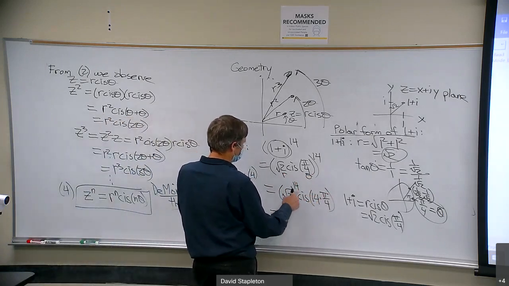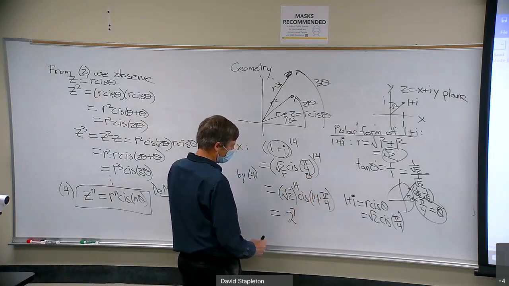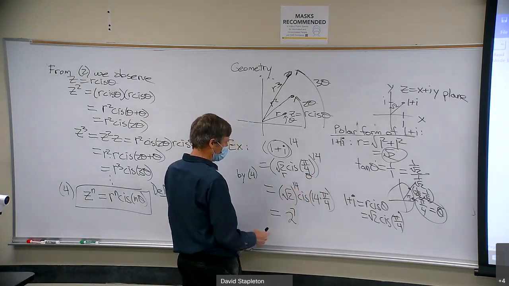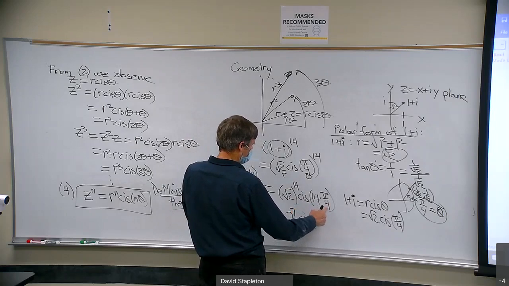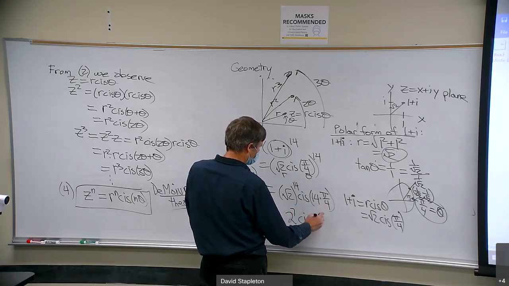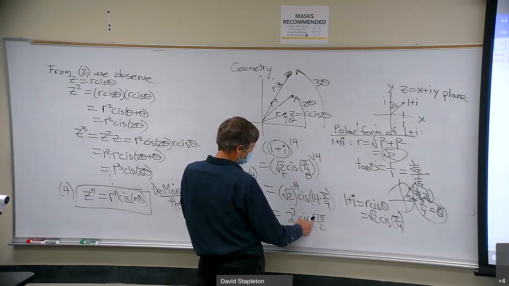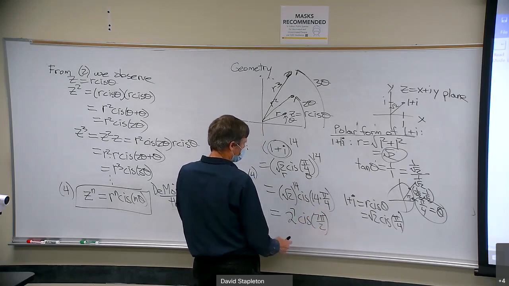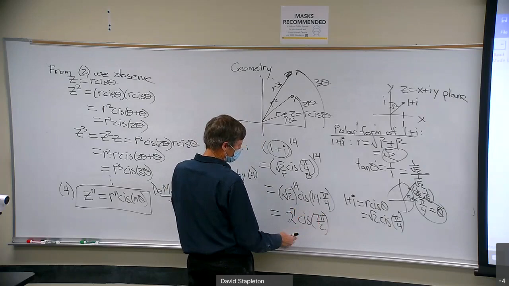Well, let's see. Square root of 2 to the 14th is 2 to the 7th, right? 2 to the 1/2 to the 14th is 2 to the 7th. And this is cosine plus i sine of 7 pi over 2. Here's a hint: the cosine and sine of 7 pi over 2 are the same as for any coterminal angle.